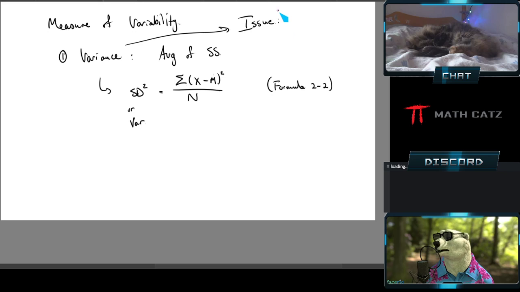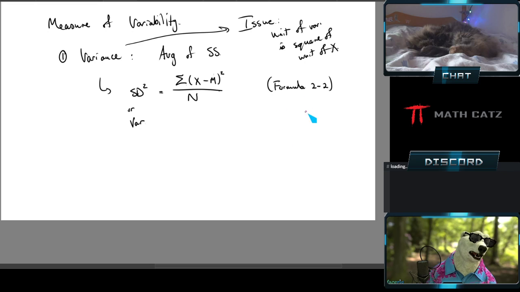There's one issue though that we shouldn't overthink too much, but it is an issue: the units of the variance, because I'm squaring here, are the square of the unit of the variable itself. So that makes it really difficult. If I'm measuring people's heights, I'm working maybe in inches or feet, or centimeters, I don't care.